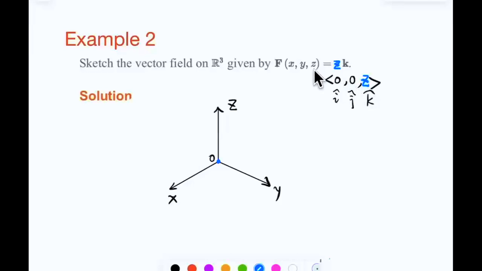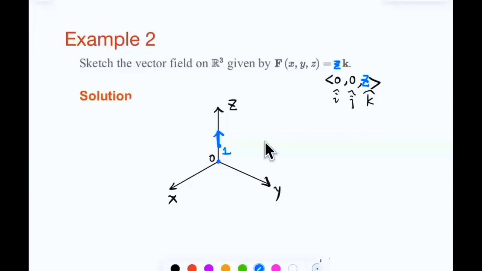The x and y are not going to affect the vector. So if z over here is 1, how does the vector look? At this point it's going to point upward 1 unit, 1 unit over here.